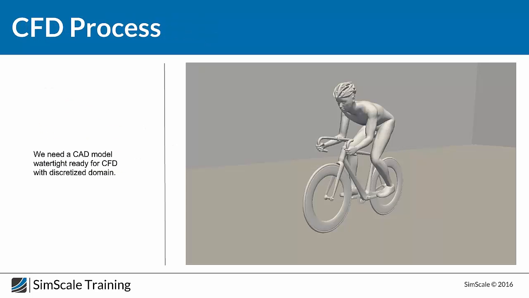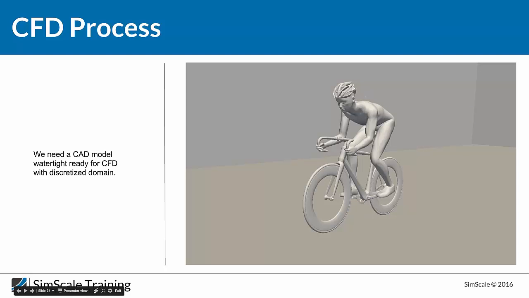So now I want to give you just an overview about CFD and how we do simulation of a bike and how SimScale works, or any CFD software, the process of CFD. So first of all, we need the CAD model, and this CAD model has to be watertight, with some characteristics, that is there is no gap on the surface, there are no open edges and so on, and with a discretized domain.